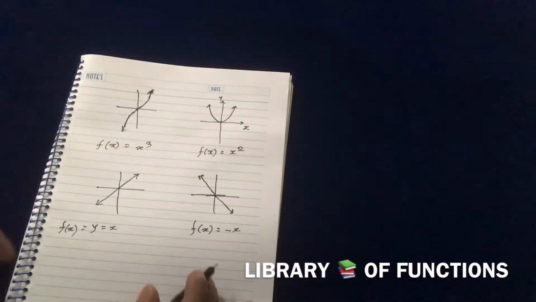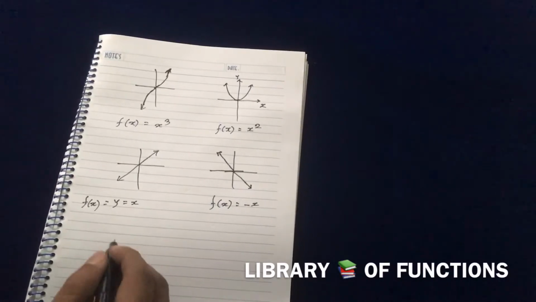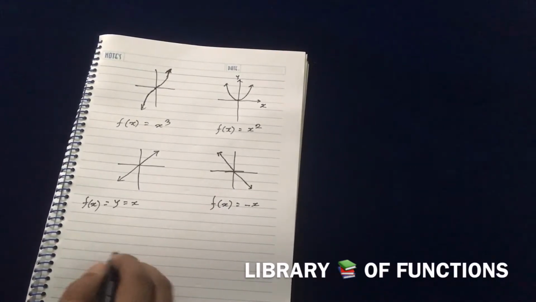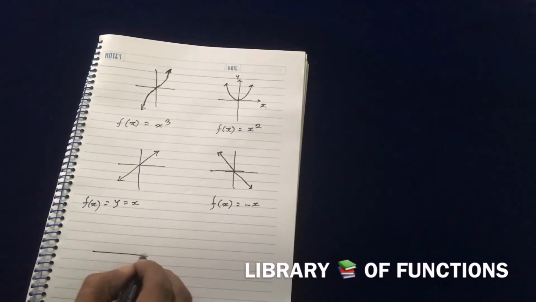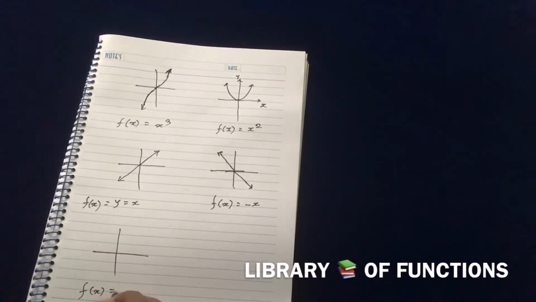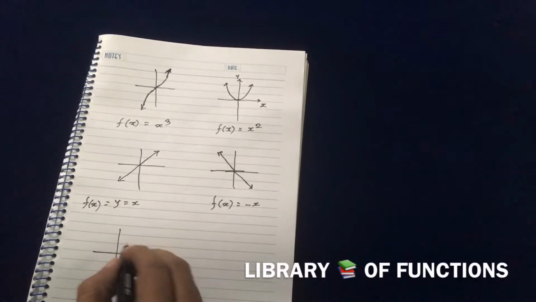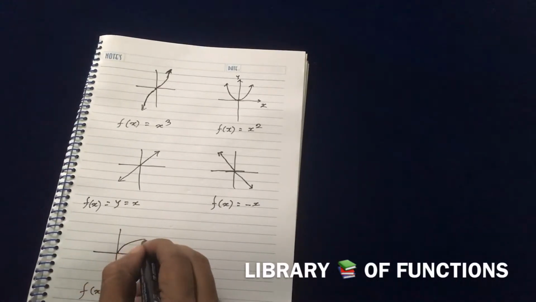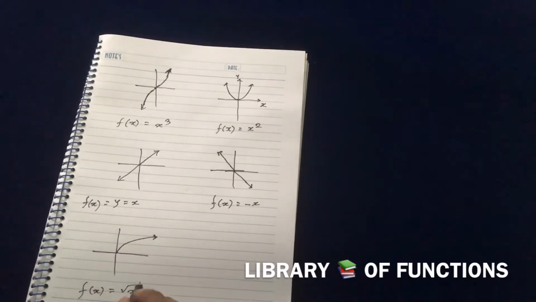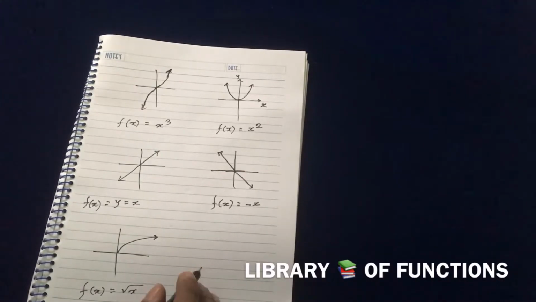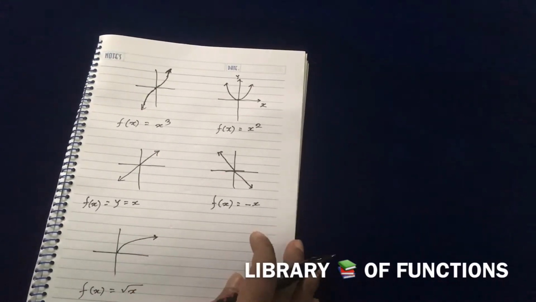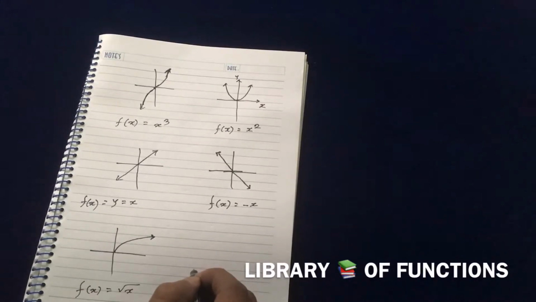Then let's see, what about the square root function? If I draw a square root function, f(x) equals, let's say, the square root of x, then the graph will be somewhat like this. Then I can also draw the cube root of x.